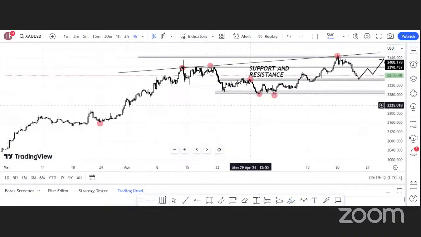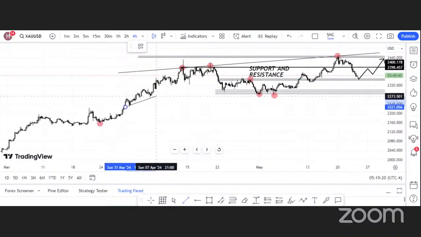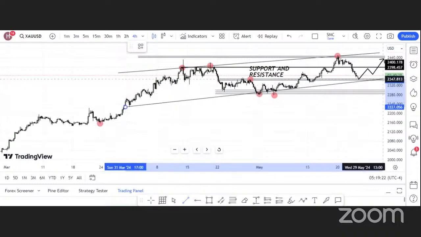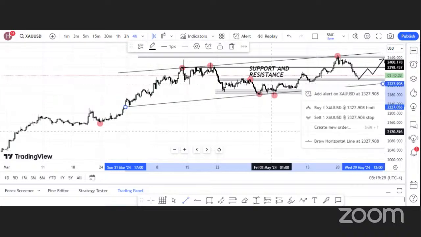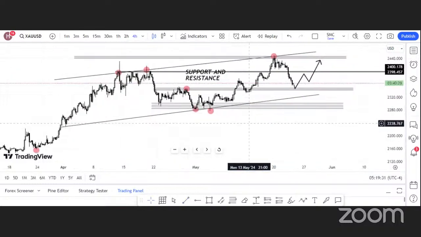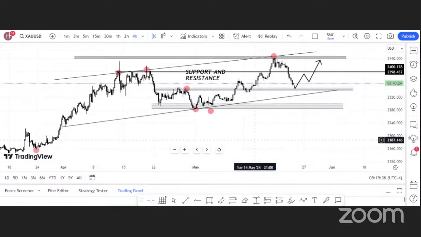So with the help of what has happened previously here, I can, okay, sorry, I think I made a mistake here. So I can join this zone together to predict where the market is going to move from, right? So I'm not just drawing this line.